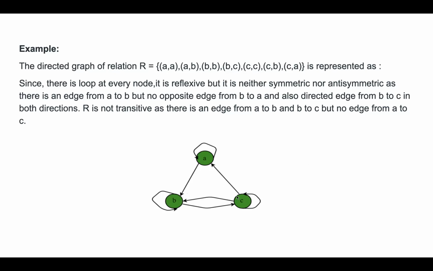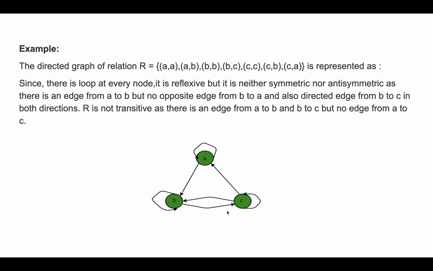Then BC is there, from B to C the edge is there. Then CC is there, C comma C.